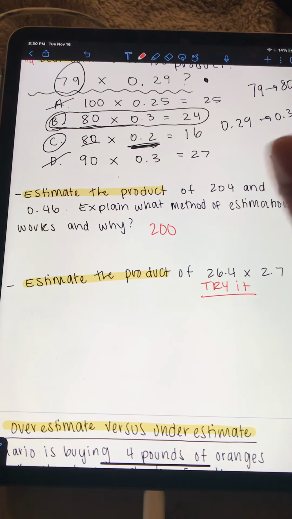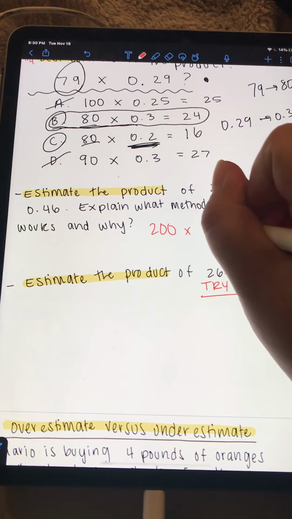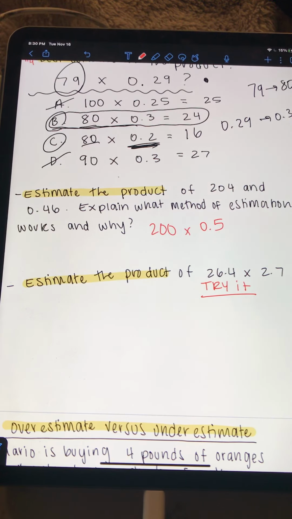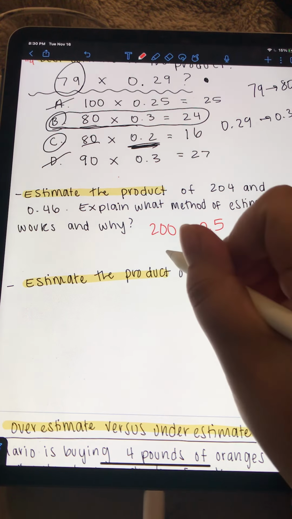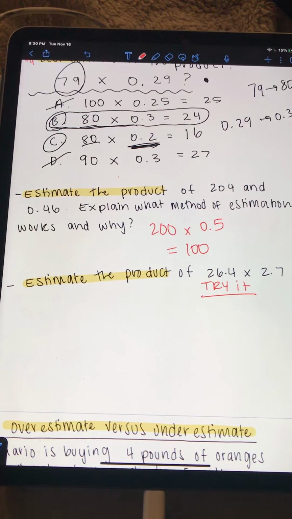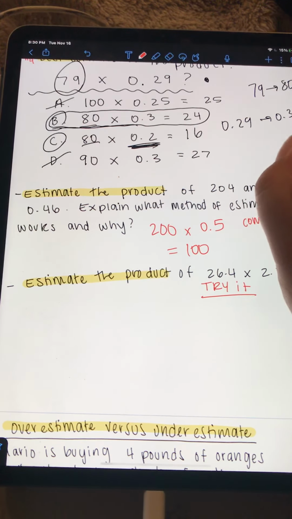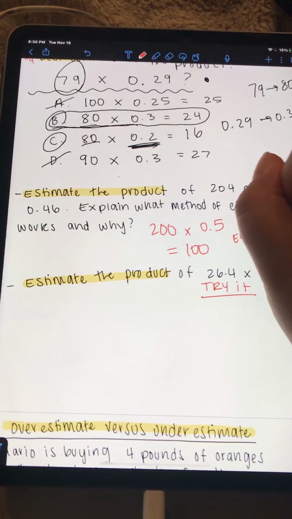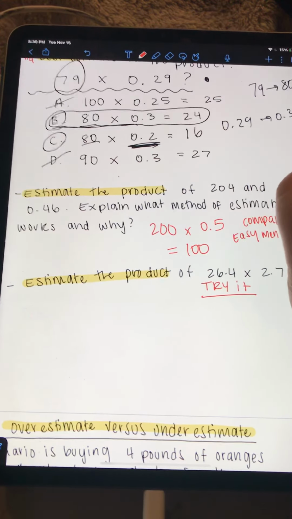And 0.46, we can round up to 0.5, okay? And in here, we just have 200 times 0.5, or 200 times 1/2, which we know is 100 in our head, okay? And so in this case, the method we used was compatible numbers, which allows for easy mental math, okay?